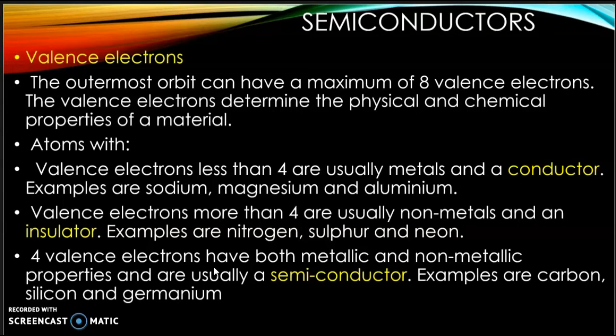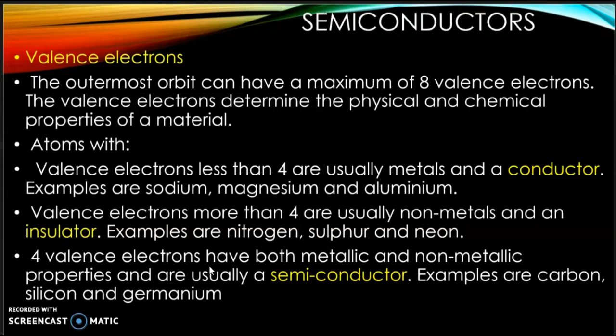And the number of electrons contained on this outermost orbit is highly considered in this study of electricity, because the number of electrons on the valence orbital, or on the outermost orbit, determines the physical and the chemical property of the material.